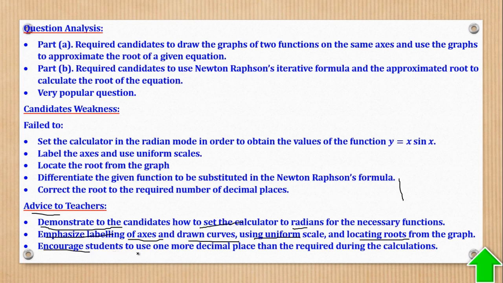Then teachers should encourage students to use one or more decimal places than the required accuracy. So here, if the accuracy requires 3 decimal places, you should use 1 or more. You can use 4 decimal places or 5 decimal places. But if you use 3 decimal places, then the computation will not be okay.